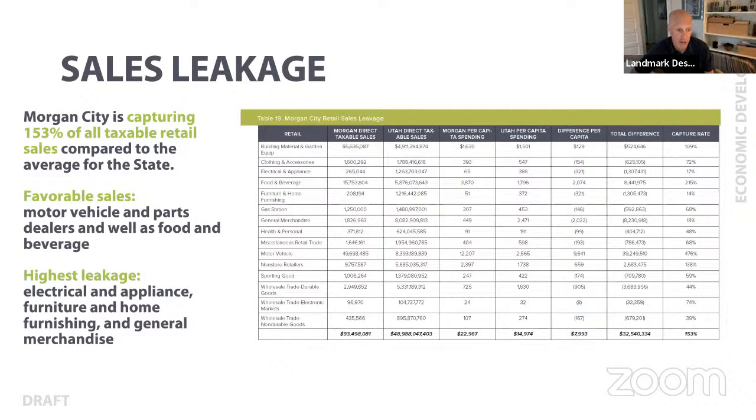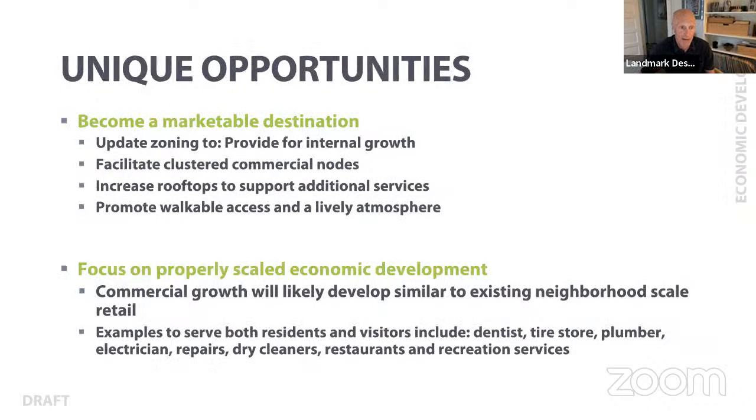But you do have some issues with what we call leakage, where people who live here are not buying here, they're going outside the area, and you can see that's your major type purchases, a lot of them. So there is definitely a market here for meeting some of that locally and not giving it up to the places elsewhere down the road. And it's something that the plan is recommending.